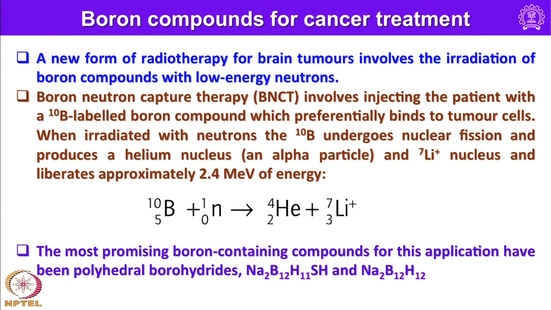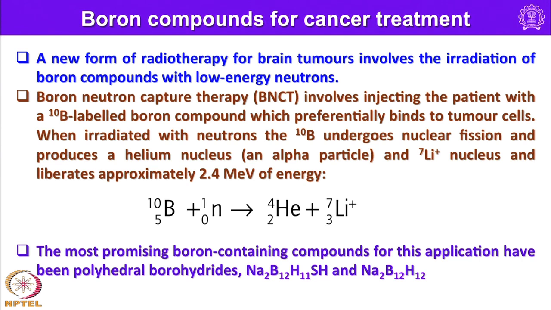A new form of radiotherapy for brain tumors involves the irradiation of boron compounds with low energy neutrons. So, boron neutron capture therapy, also known as BNCT, involves injecting the patient with a 10B labeled boron compound which preferentially binds to tumor cells, and when irradiated with neutrons, the 10B undergoes nuclear fission and produces a helium nucleus as shown below, okay, and a 7Li nucleus, and liberates approximately 2.4 MeV of energy.